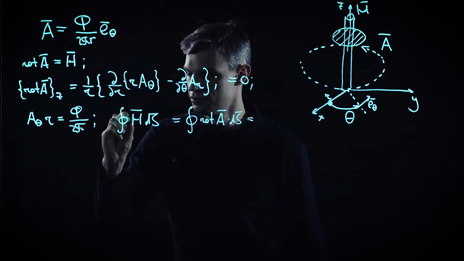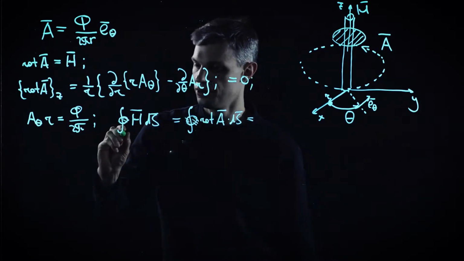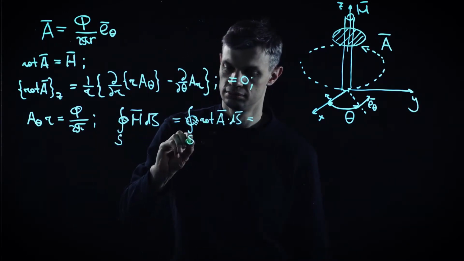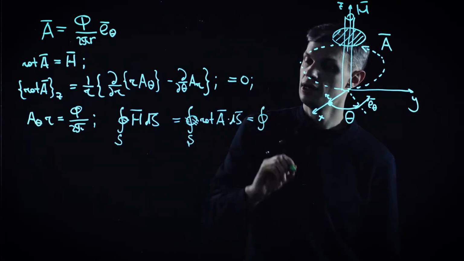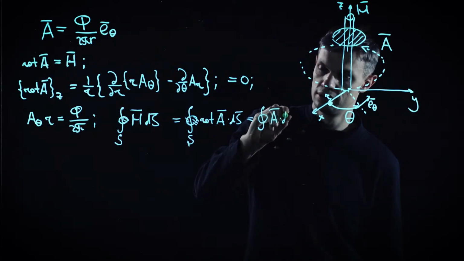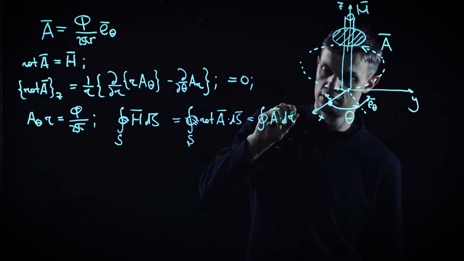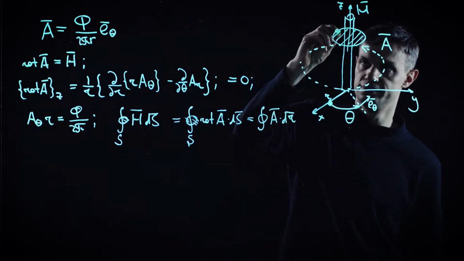Oh, sorry, there is no closed contour integral, it's just the area integral. And this integral can be reduced to the circulation of the vector potential around the edge of this area.